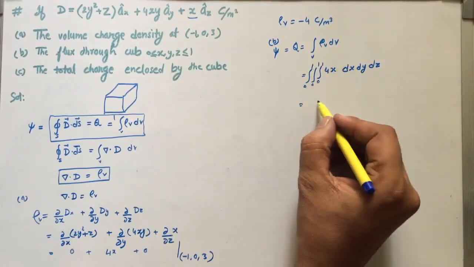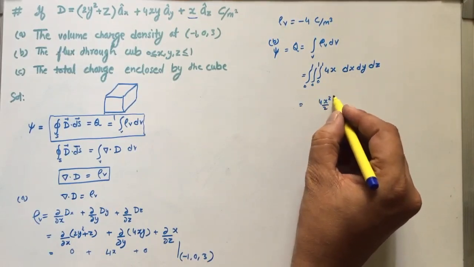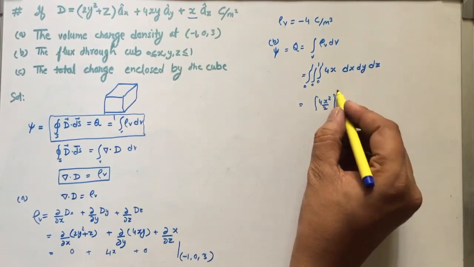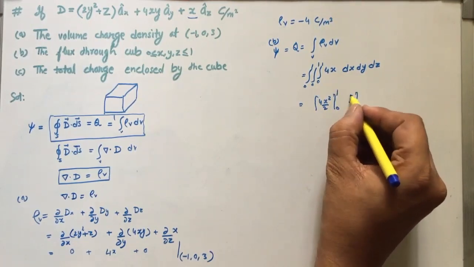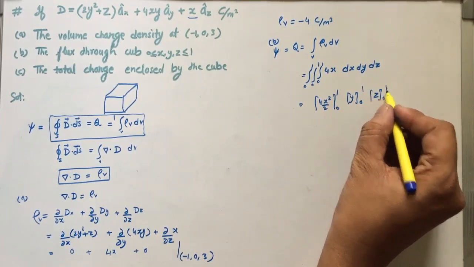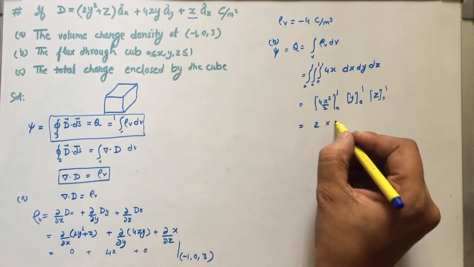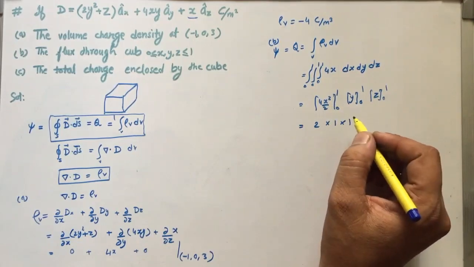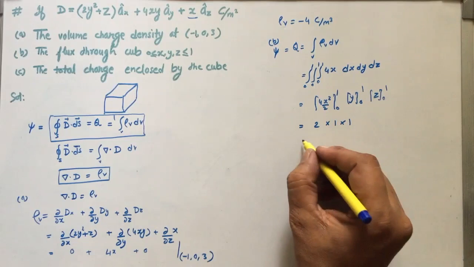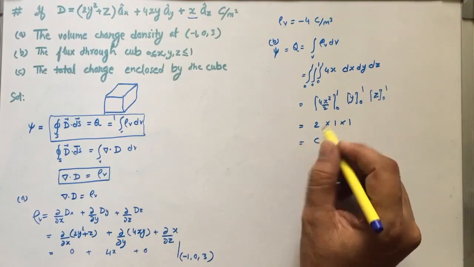So it should be 4x square by 2 from 0 to 1, y from 0 to 1, z from 0 to 1. In this way it will be 2 into 1 into 1. So the flux should be 2 coulomb.